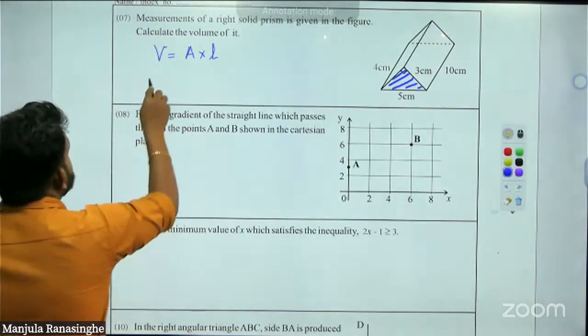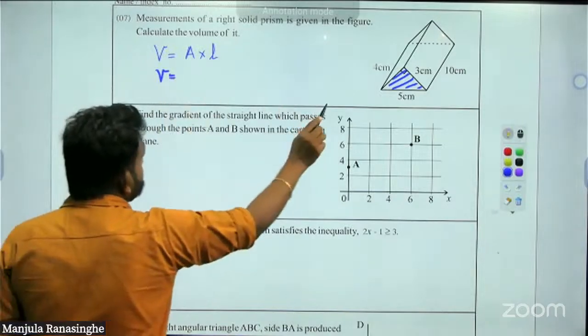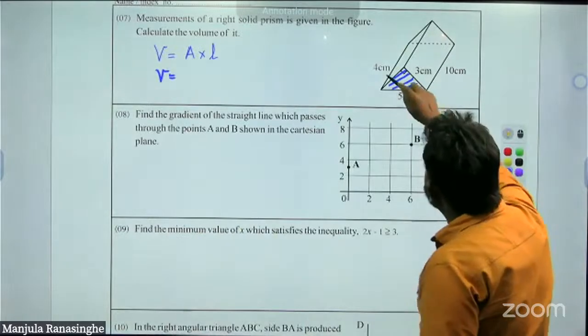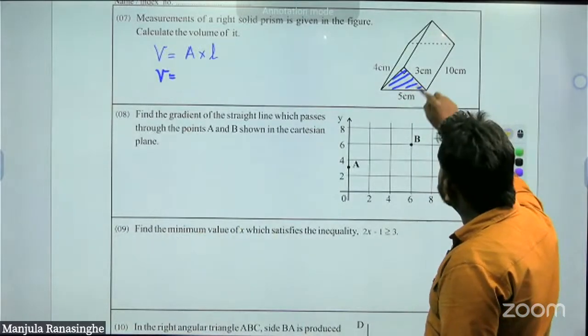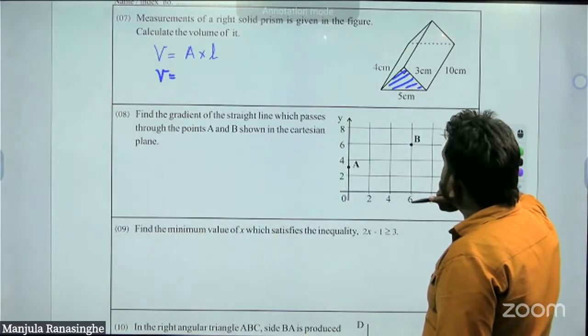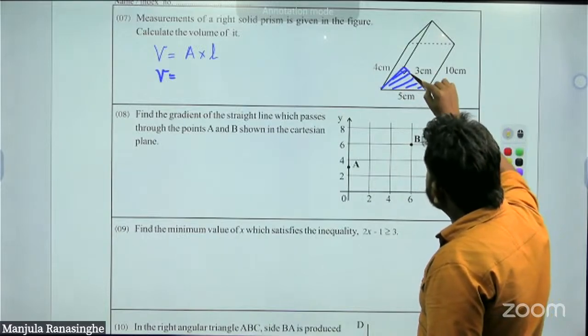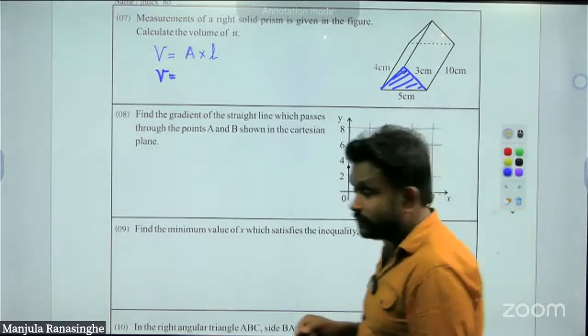So volume equals the cross-sectional area. Now it is mentioned 4, 3, 5. That is a Pythagorean triple. 4, 3, 5 should be there. Then to find the area, you take this 4 centimeter and this 3 centimeter as the base and the height.